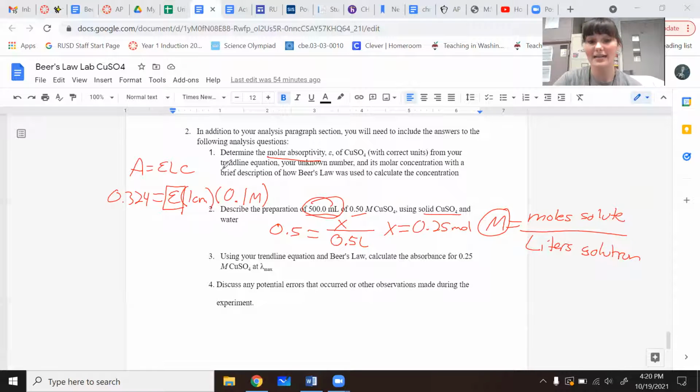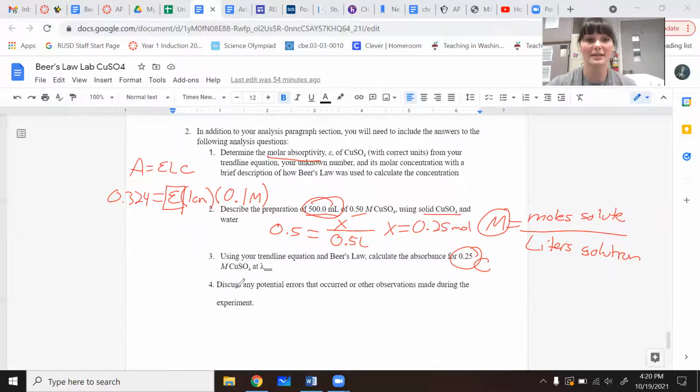Number 3 asks you to use your trend line equation. So again, the same equation that you got in that graph to calculate the absorbance for 0.25 molarity copper 2 sulfate. So in this instance, this is C, right?